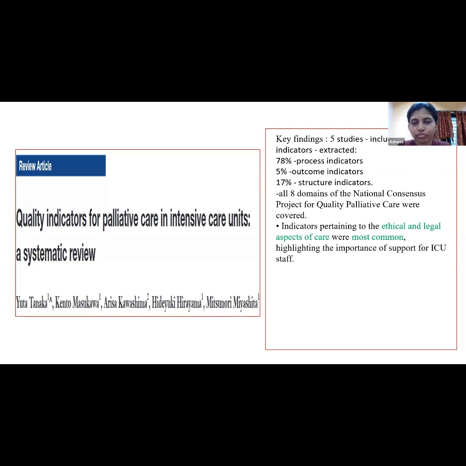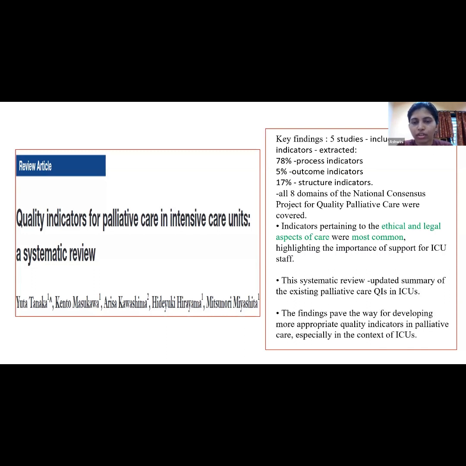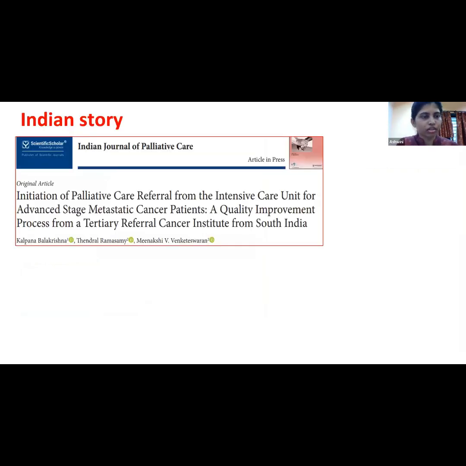The indicators pertaining to the ethical and legal aspects of care were most common, which highlighted the importance of support for ICU staff. This systematic review provides an updated summary of the existing palliative care quality indicators in ICU and paves the way for developing more appropriate quality indicators in palliative care, especially in the context of ICUs.